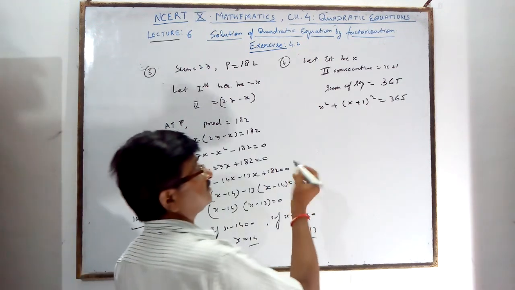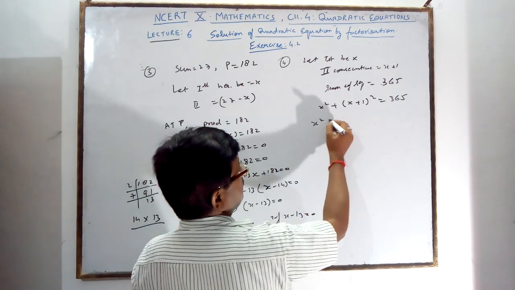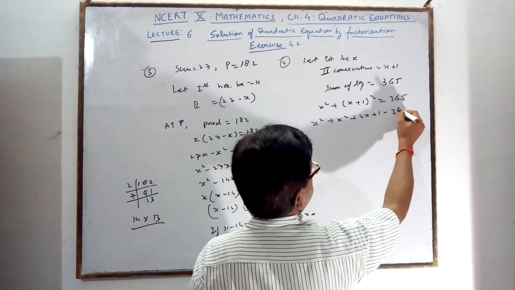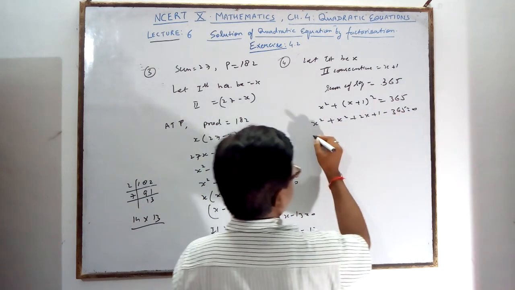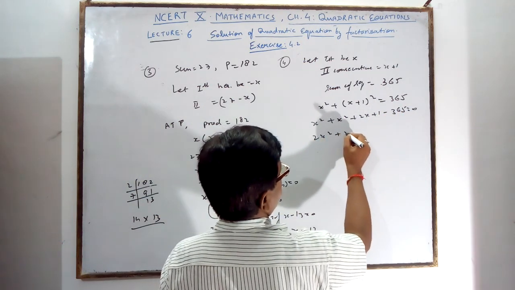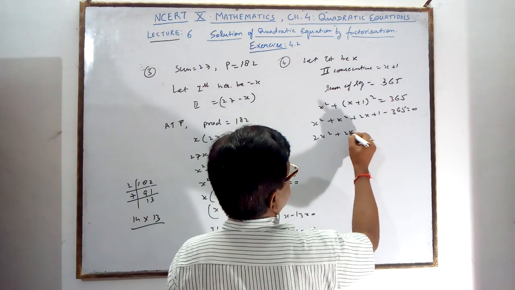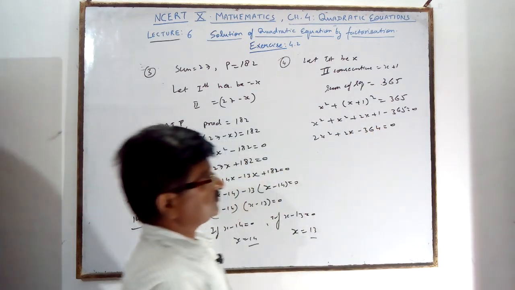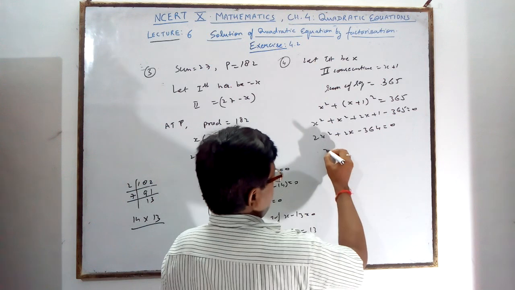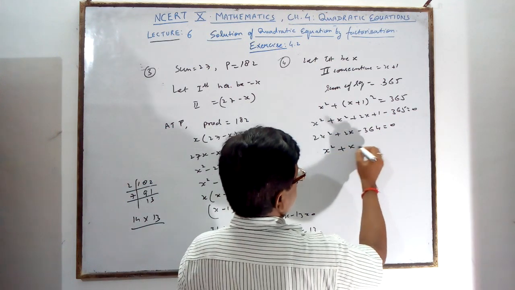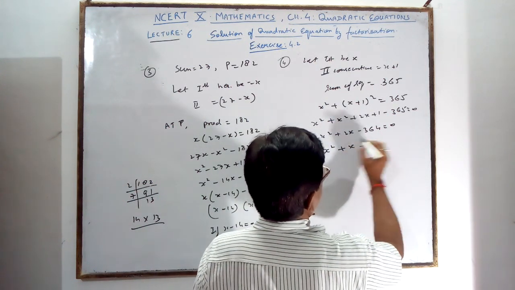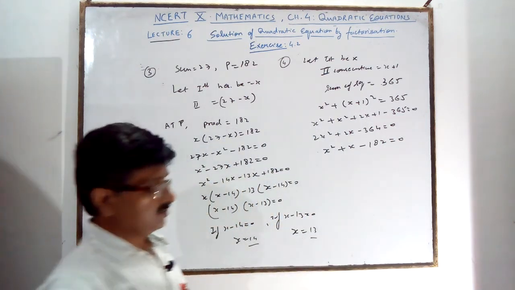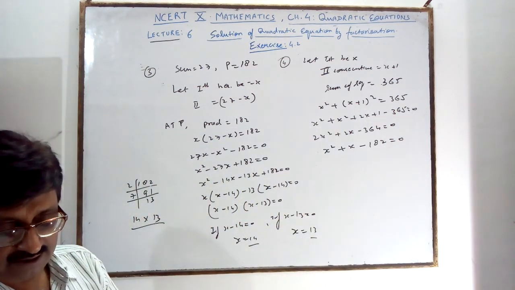What will you get? x square plus x square plus 2x plus 1 minus 365 is equal to 0. 2x square plus 2x minus 364 is equal to 0. Or you can write x square plus x minus 182. Again the same answer you will get, 13.